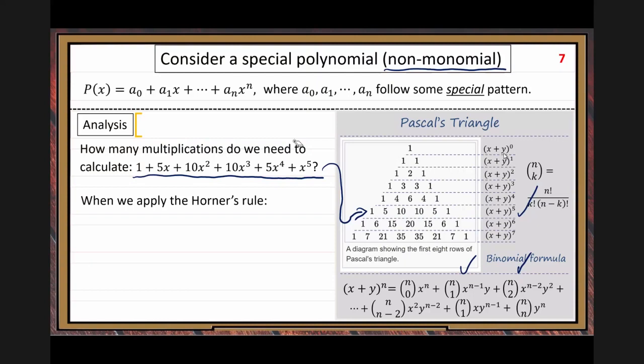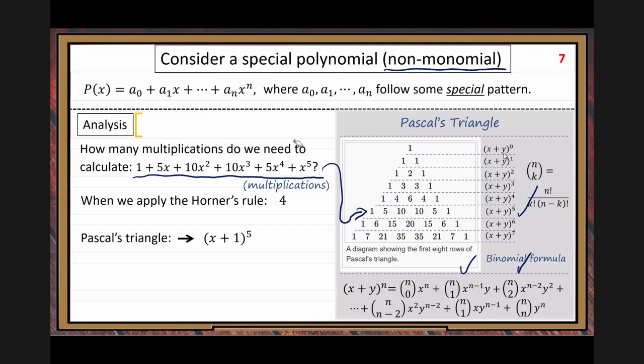But if you can identify it as Pascal's triangle, then you write it as the binomial expression first: x plus 1, in parentheses, to the 5th. We don't worry about addition. We do one addition, so we calculate x plus 1 first.